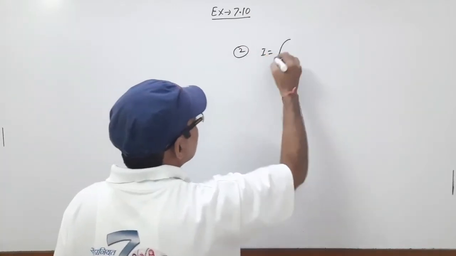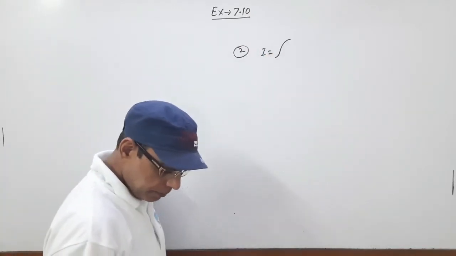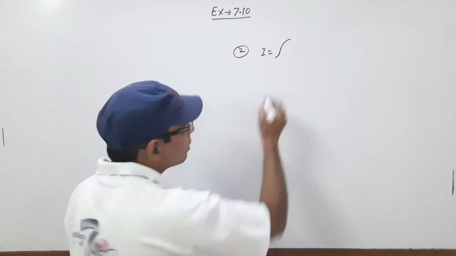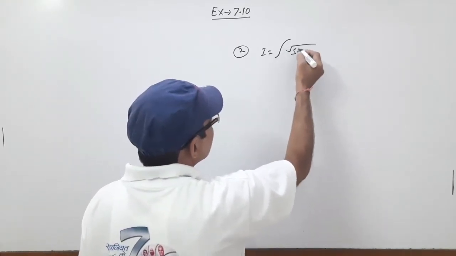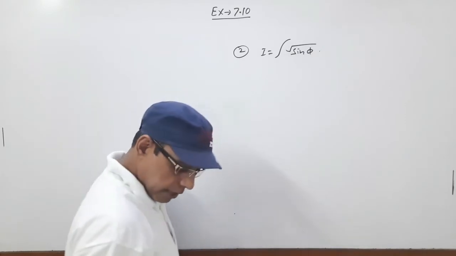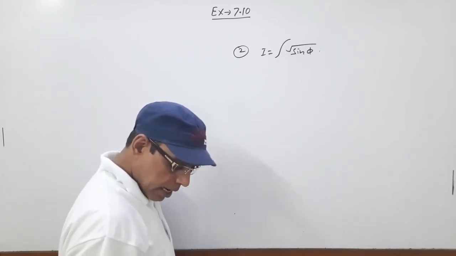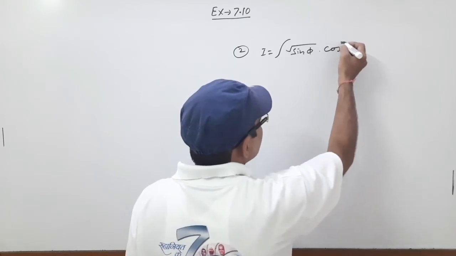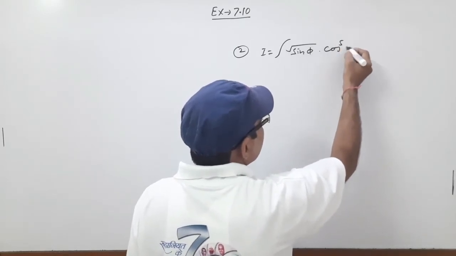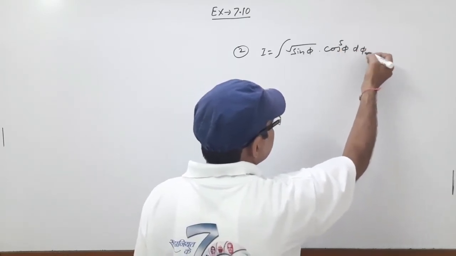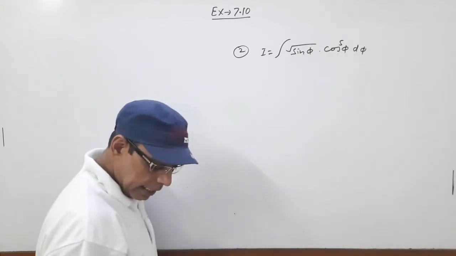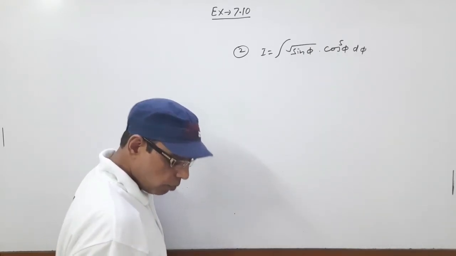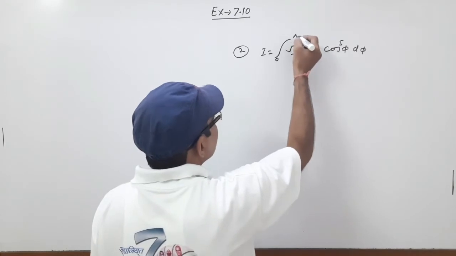Second is the integral of sin phi under root sin phi, and outside the under root cos to the power 5 phi d phi, and the limit is from 0 to pi by 2.